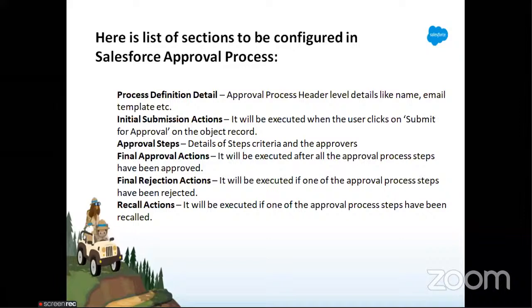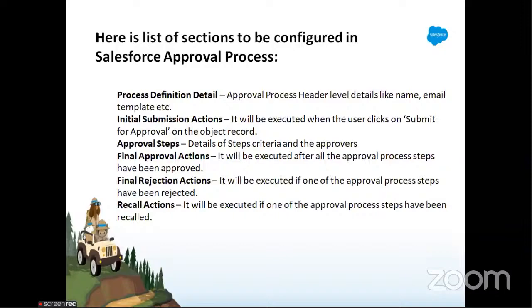Suppose you are submitting your leave application. When the leave application is submitted, you get a notification that your leave is submitted successfully. So that's the initial submission action. Similarly, if you get approval, you get a notification that your application is approved successfully.